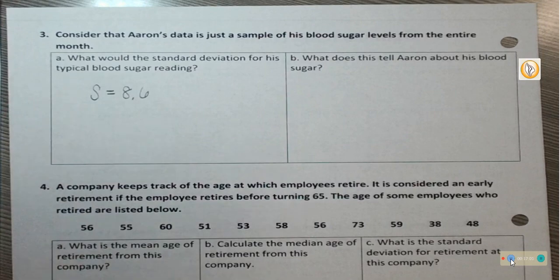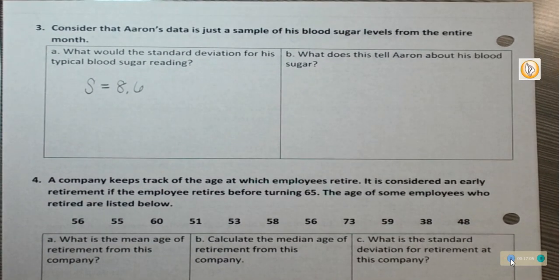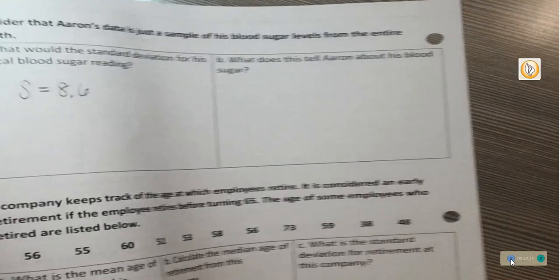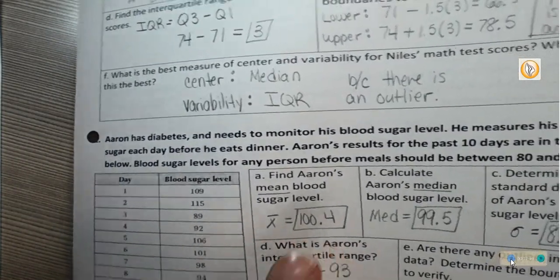Now, what does this tell Aaron about his blood sugar? So your standard deviation tells you about where his blood sugar will fall regarding the mean. What was the mean, the average? His average blood sugar was 100.4.